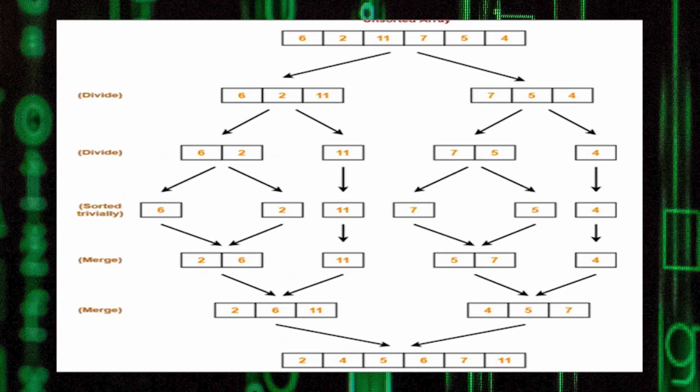Here we have taken an array of 6 elements. After the first step, the array is divided into 2 sub arrays. Then each unsorted array is of 3 elements: the leftmost sub array is of 3 elements, the rightmost array is of 3 elements.